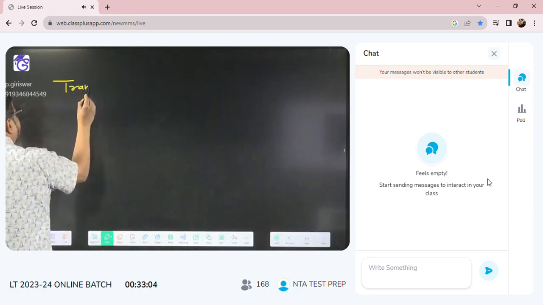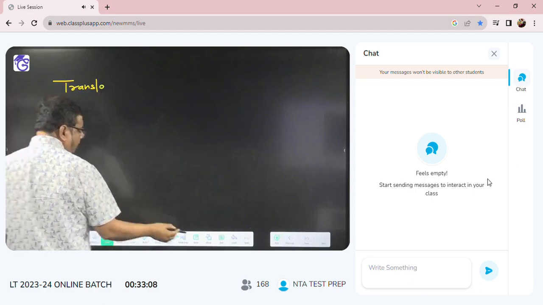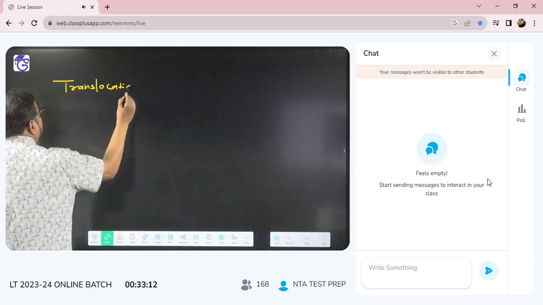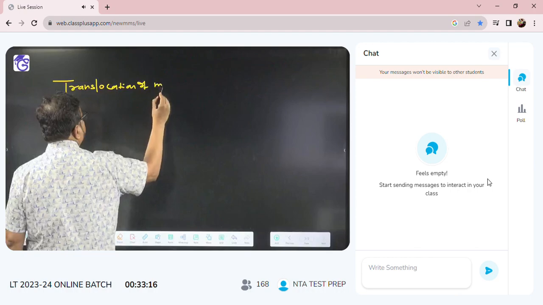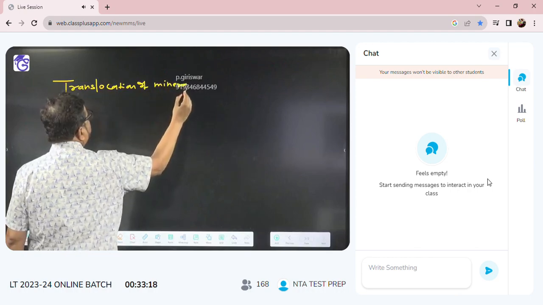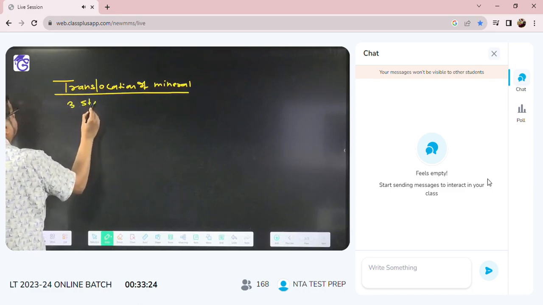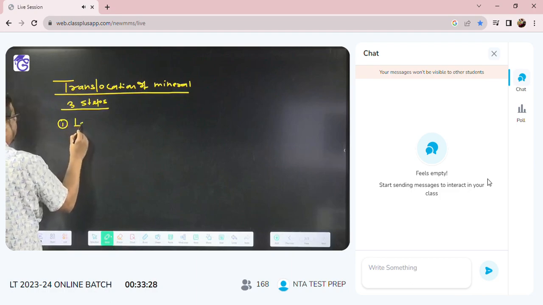I will draw the diagram so you will understand everything, don't worry. Translocation of minerals. Let me write first, then I will draw the diagram. It occurs in 3 steps. First step is called loading.